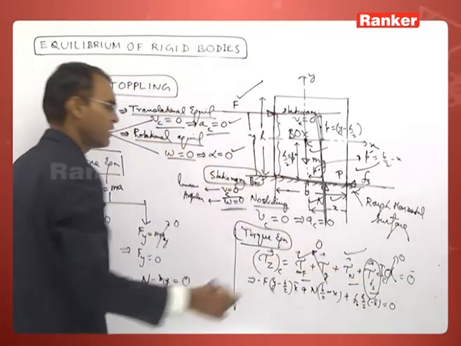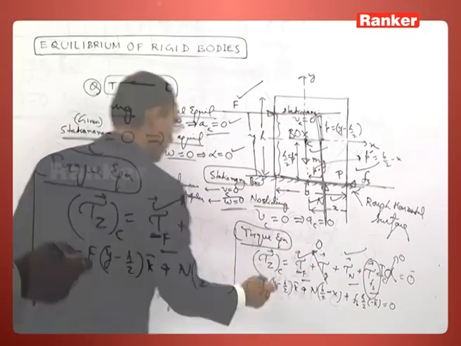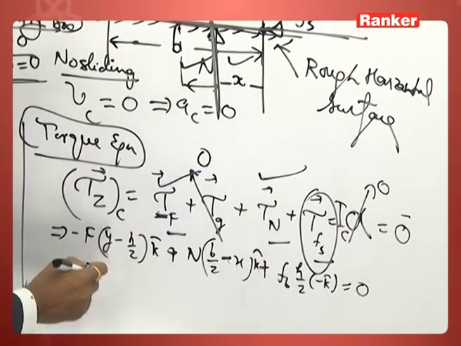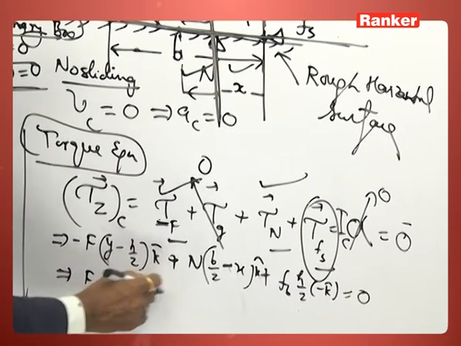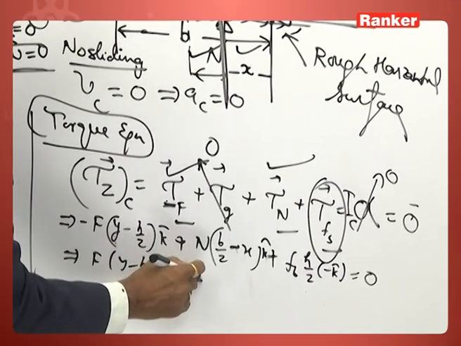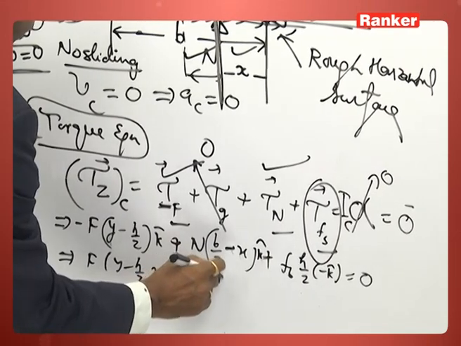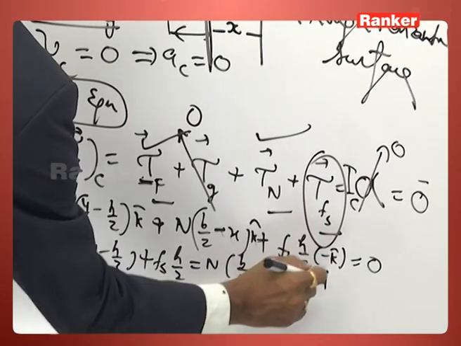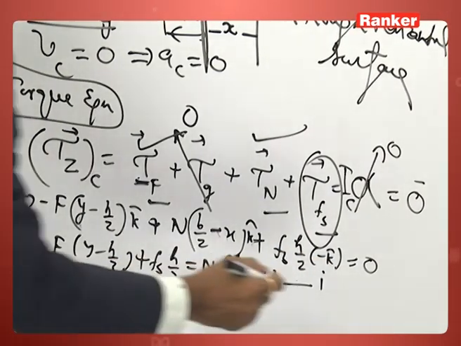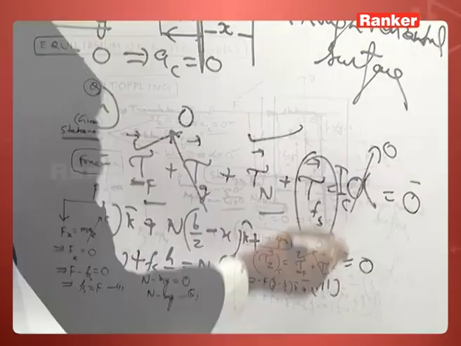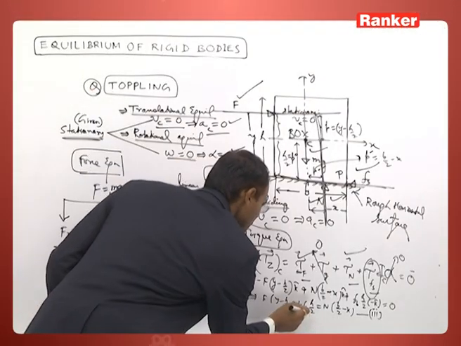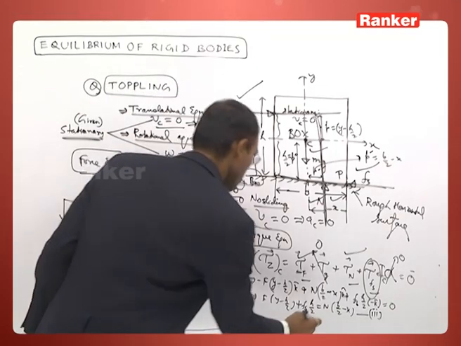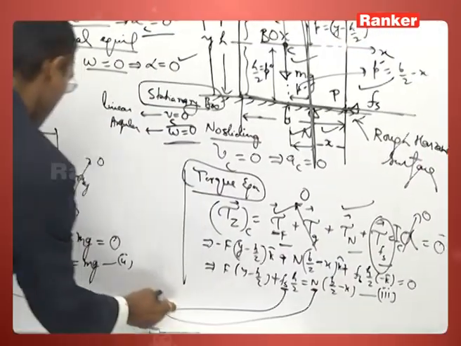When these three torques are added, we are getting 0. So, this gives us the equation F into y minus h by 2 plus Fs into h by 2 will be equal to N into b by 2 minus x, equation number 3, where the frictional force we can find from equation 1 and normal reaction we can find from equation 2.